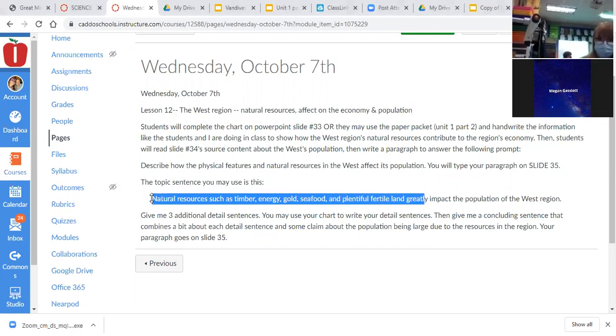This is your topic sentence. And plentiful fertile land greatly impact the population of the West region.